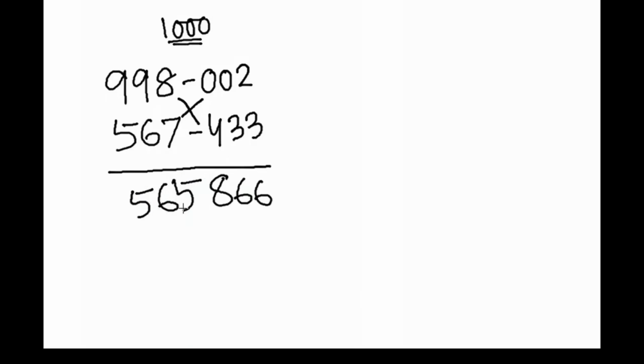So better to take the smaller numbers, 567 minus 2, which gives me 565. My answer is 565,866. That's all it stands. Just see how much time it is saving here.